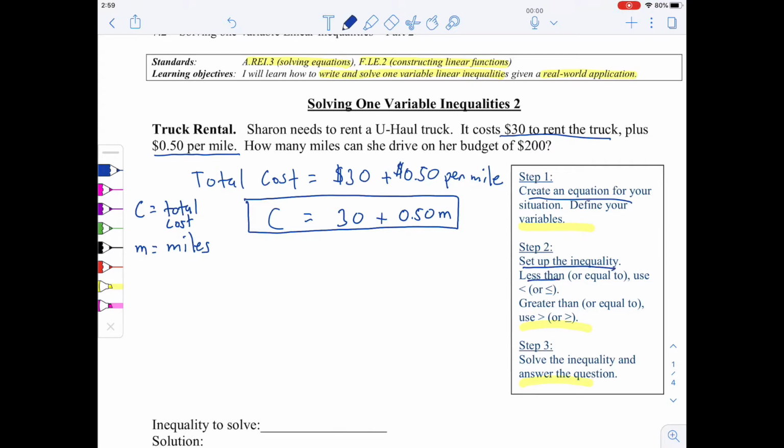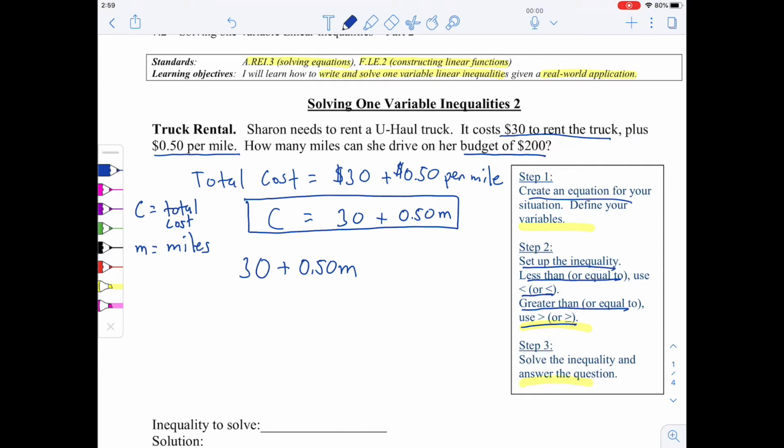Step 2, set up the inequality, right? If it's less than or equal to, use these symbols. If it's greater than or equal to, use these symbols right there. Okay, so our cost, we're going to write it a little bit easier, so we put the numbers in the front: 30 plus 0.50 M. And we want that total cost to be within her budget of $200.